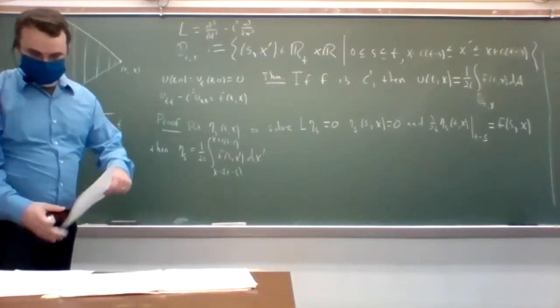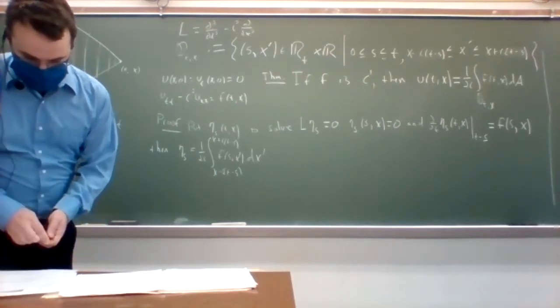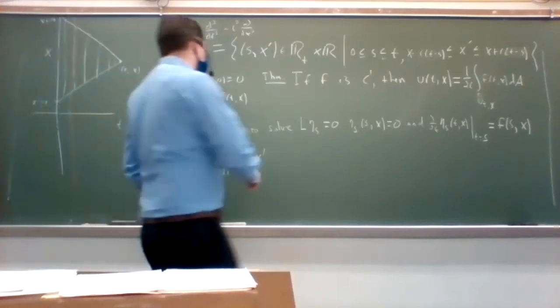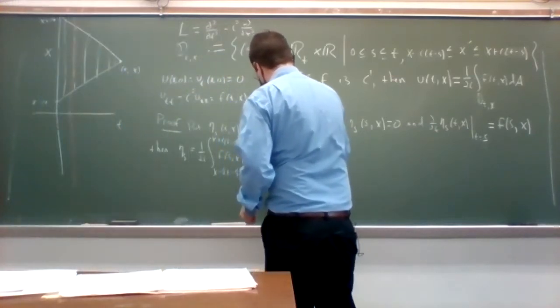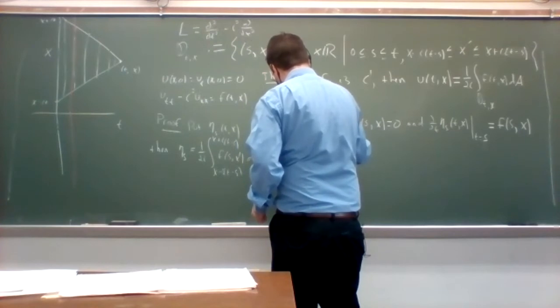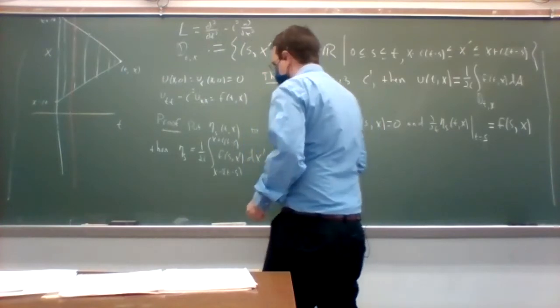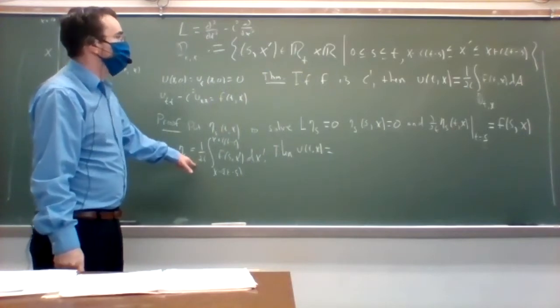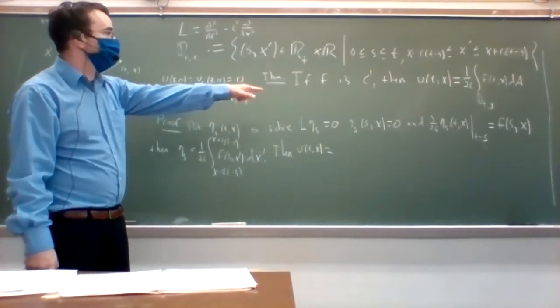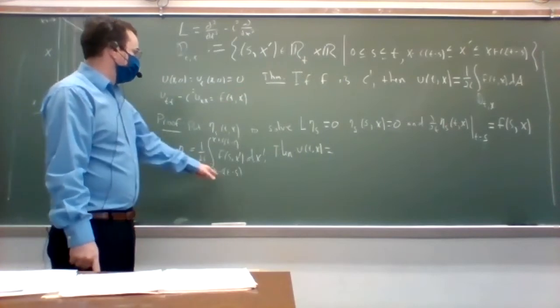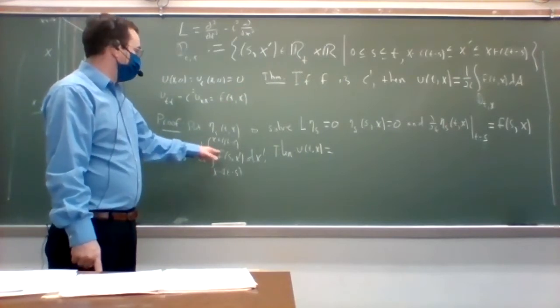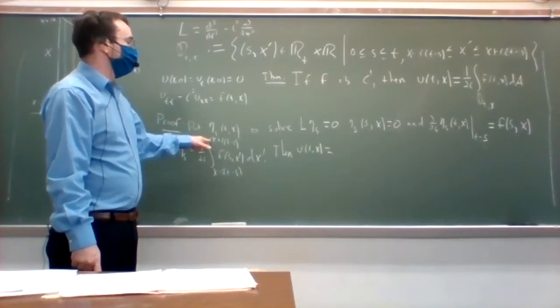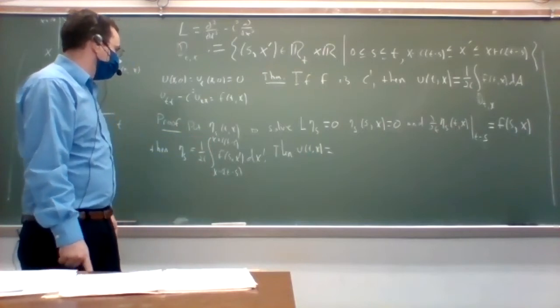Okay. And so now it's enough to show that u(t,x) is going to be, well, if we want it to be the integral over that domain, we've already got part of it here. And what we're missing is just integrating from 0 to t, right?